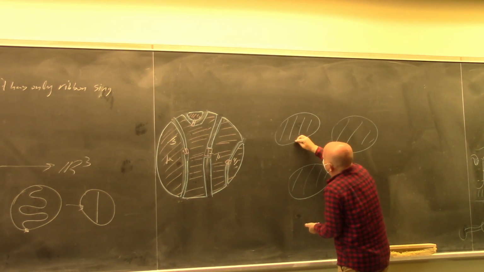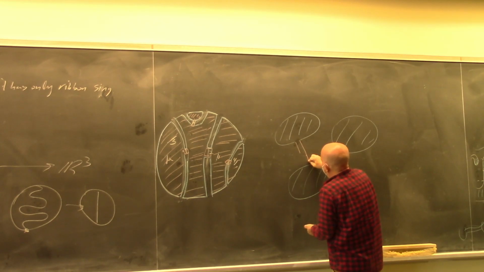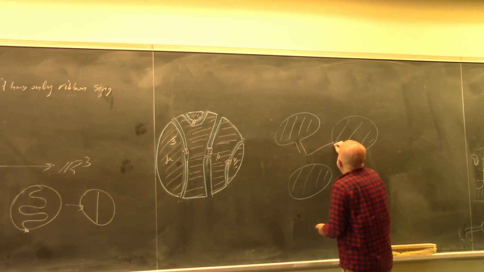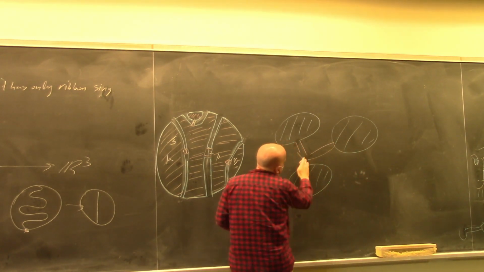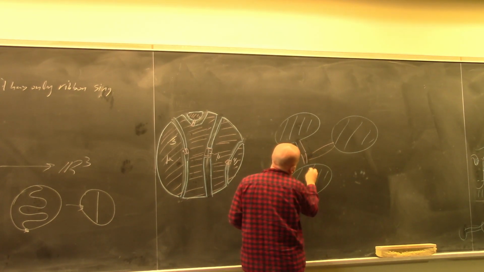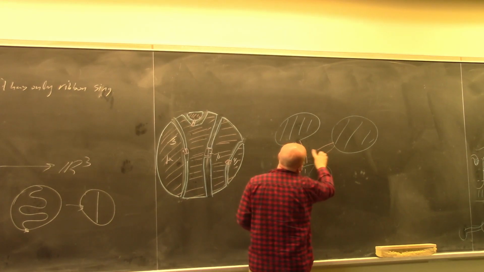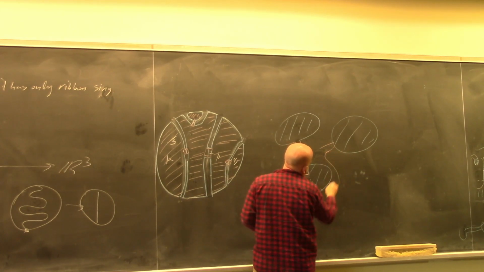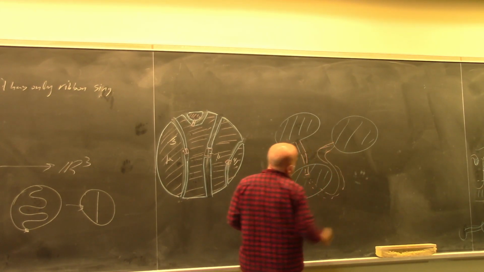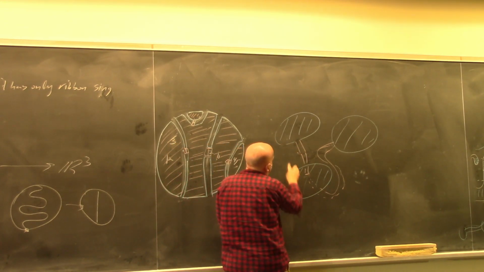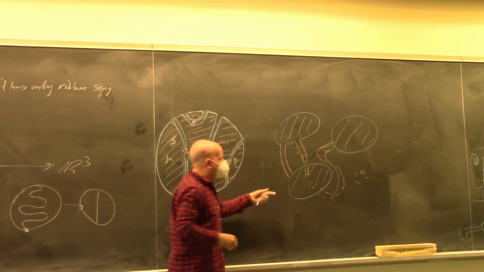So these disks are connected with bands, but a band like this one might connect from here to here, and on the way pass through the interior of some disk. Then this disk will be connected possibly to that one with another band.